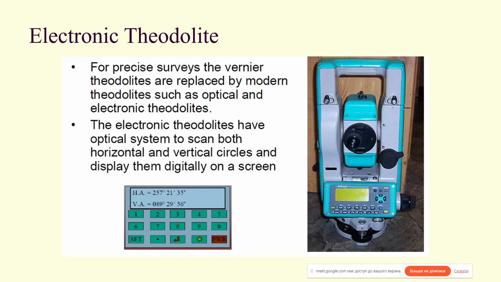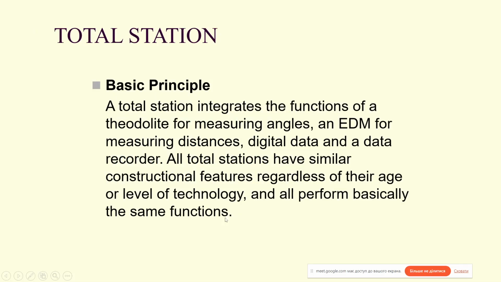Electronic theodolite for precise surveys: the vernier theodolites are replaced by modern theodolites such as optical and electronic theodolites. The electronic theodolites have an optical system to scan both horizontal and vertical circles and display them digitally on a screen, as you can see in the picture.